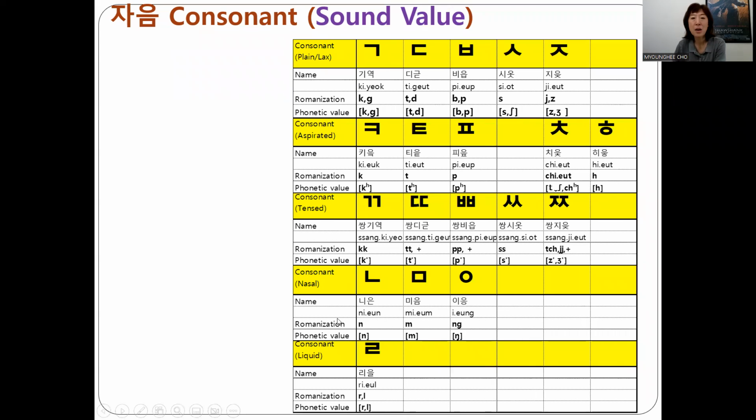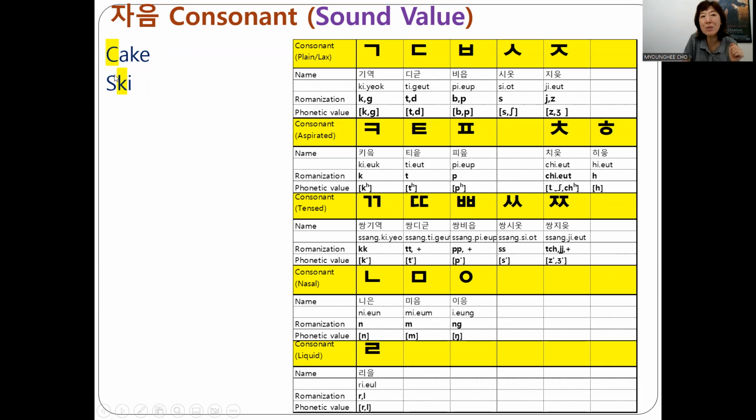Next category, tense consonants. 자, this time, 크 and 끄. 자, 갑시다. Here, this is a 크 sound, this is a 크 sound, but this 크 sound is 트.